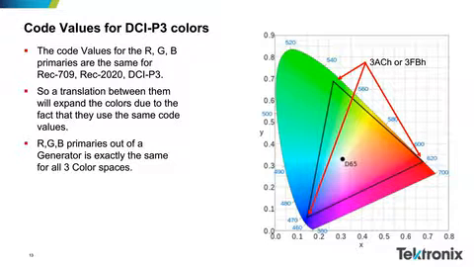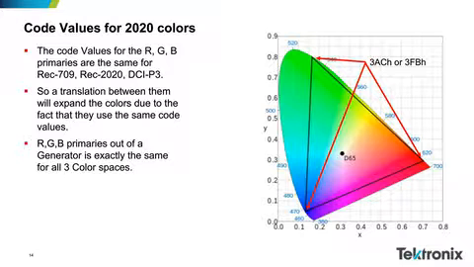Also, that same 3AC point is 100% green, blue, or red within 2020. So it is how the receiver is set to how it interprets the digital data that is actually coming down an SDI pipe.